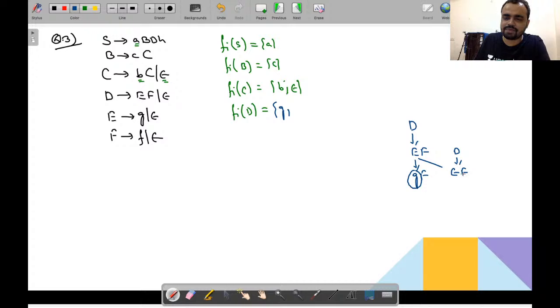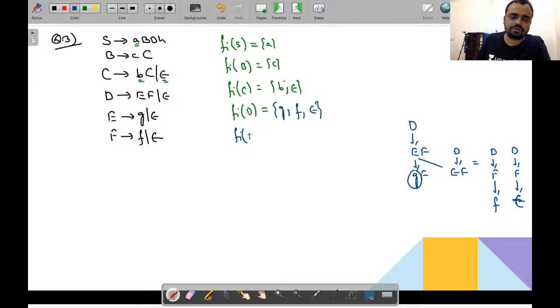D deriving F epsilon. It means D deriving F, and F can derive the small f. So the first of D will become small f, and the next thing is D deriving F, and F can derive the epsilon. So ultimately it can become the epsilon.